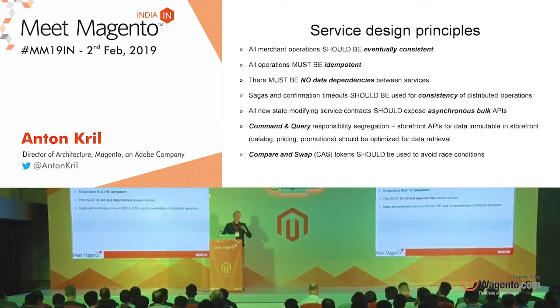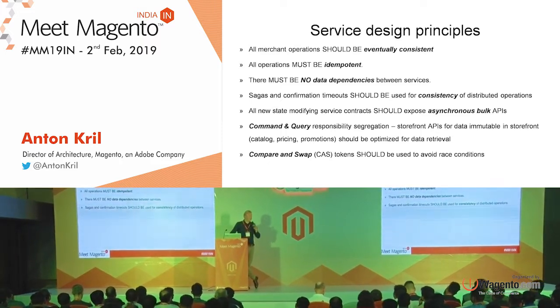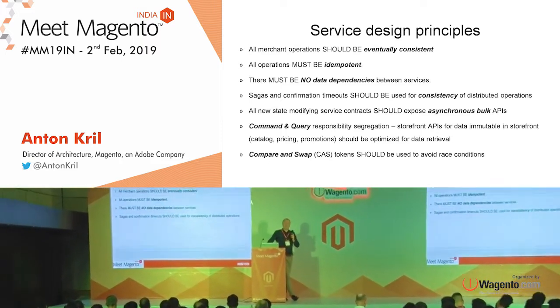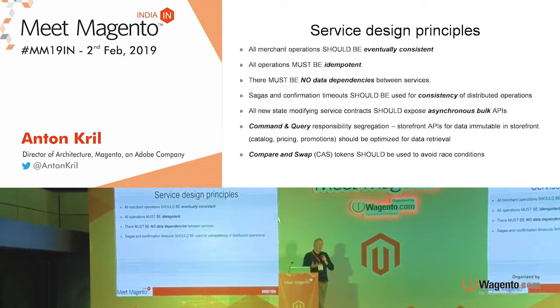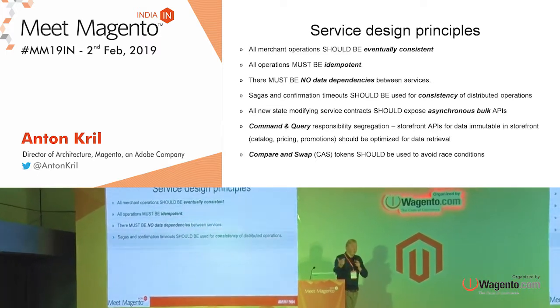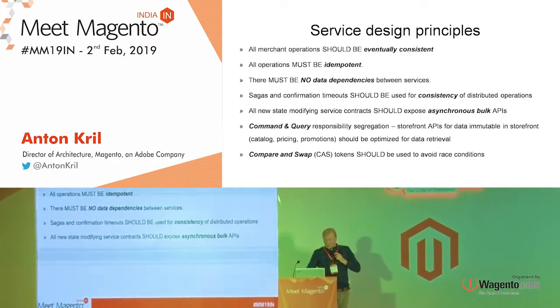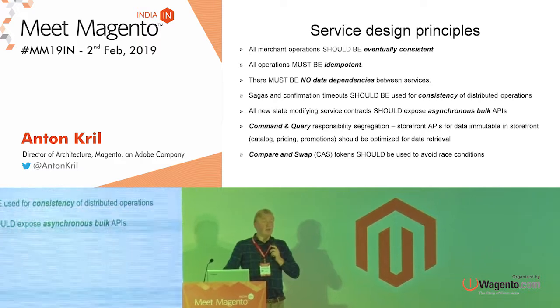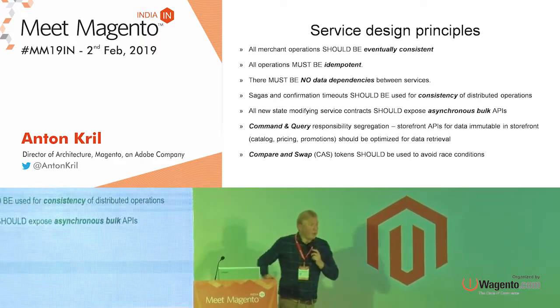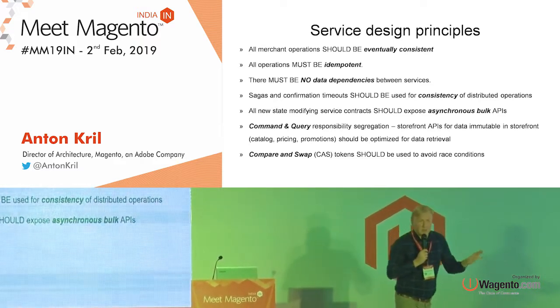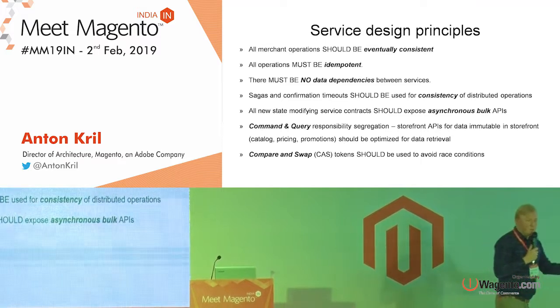Sagas, again, are a bit more for those who are involved in microservice design. Sagas are just one of the patterns for managing the consistency of data communication between services. And asynchronous APIs. We don't like synchronous APIs anymore. We like asynchronous APIs. Why?